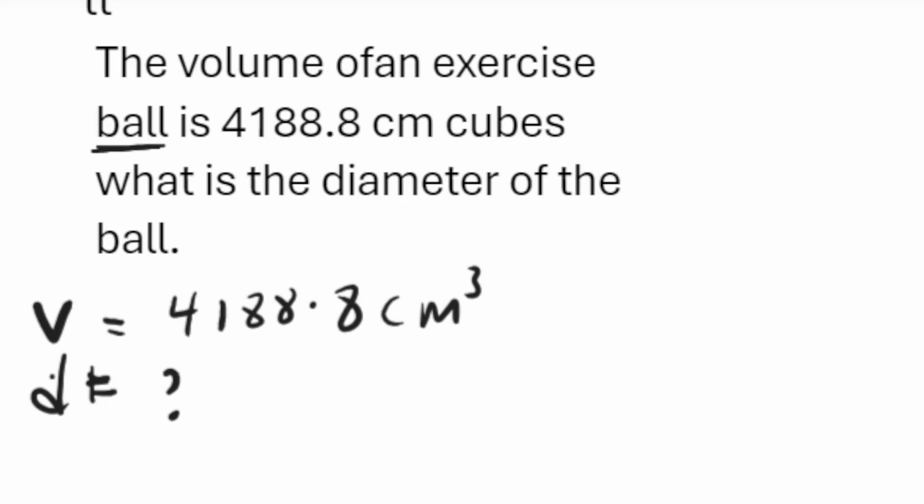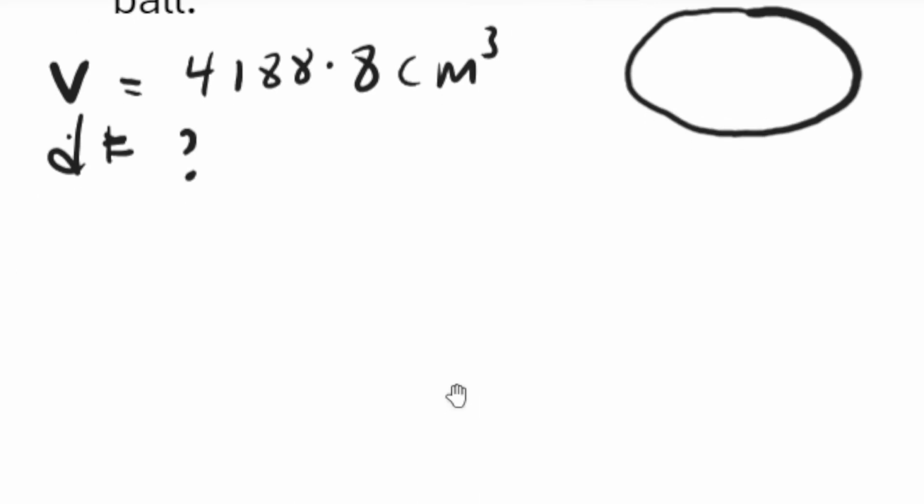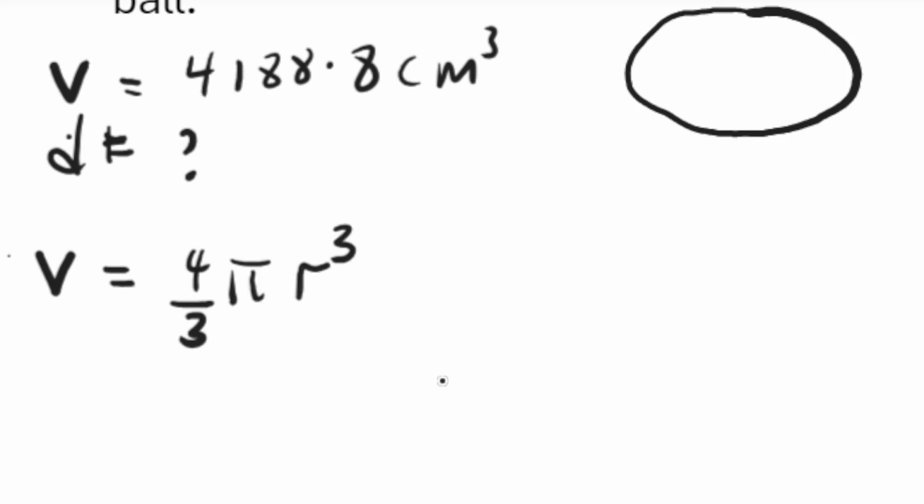What will be the shape of a ball? We can obviously know that the shape of a ball is going to be a sphere. So you can use the formula for a sphere to calculate this. What is the volume for a sphere? We know that to be V is equal to 4 over 3 pi r cubed. That is the formula for it.